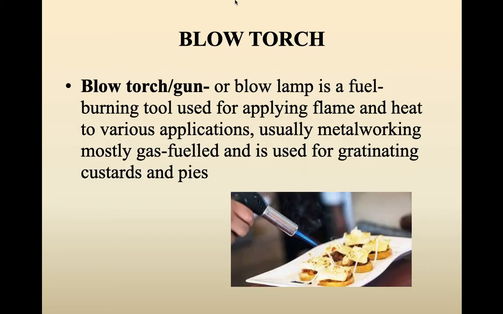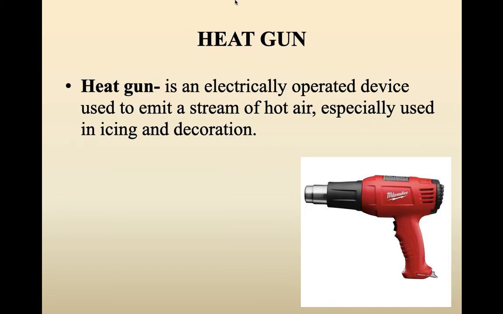Now, this is a very high-tech equipment which is utilized nowadays by chefs for coloring their outer crust or the top portion of the pastry, or the sugar that has been put, and then giving a nice glaze and crunch to the product. This is again one more product, the heat gun, sometimes utilized for cooking. It's an electrically operated device used to emit steam or hot air, especially used in icing and decoration of cakes and pastries.